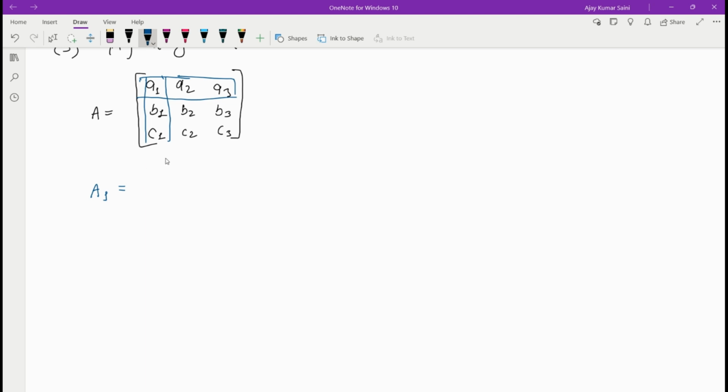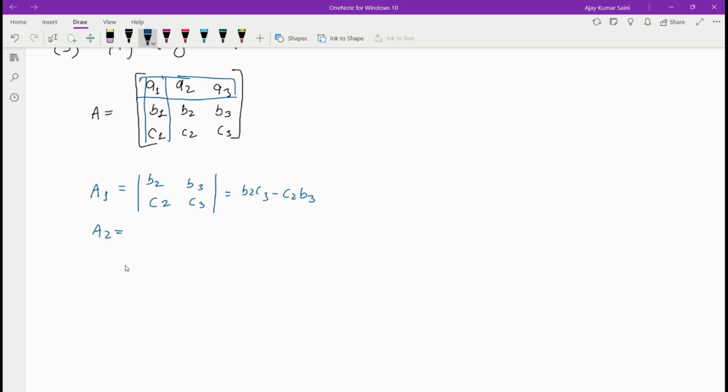After I remove these, what I find is b2, c2, b3, c3. So it is equal to b2 c3 minus c2 b3. Okay. So that is for a1, now a2.